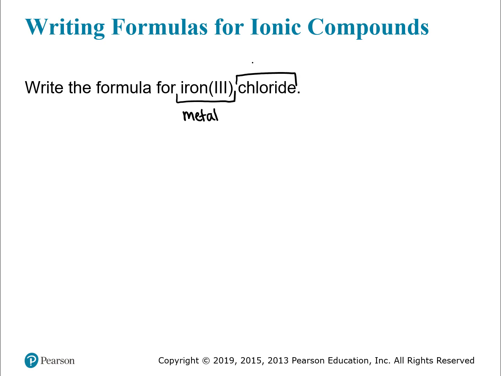The chloride part is our nonmetal. Iron with the 3 in parentheses tells us what the charge is. So Fe3+ is our cation. Chloride comes from chlorine.